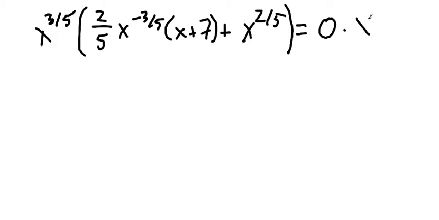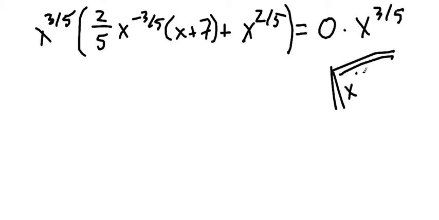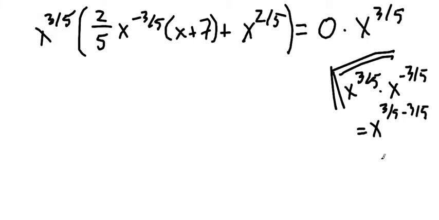Because x to the 3/5 times x to the minus 3/5 is equal to 1. When I multiply, I add the exponents, 3/5 minus 3/5, and 3/5 minus 3/5 is 0, and x to the 0 is equal to 1.